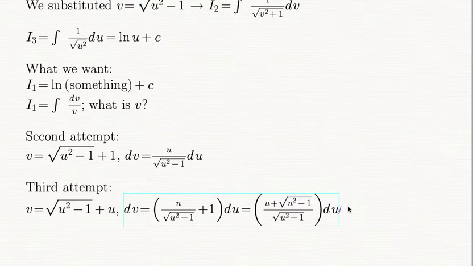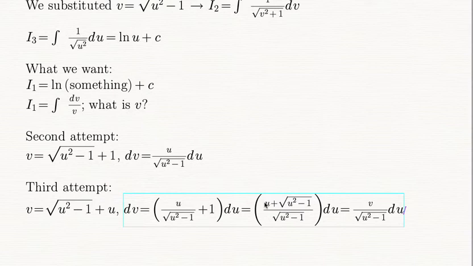Has that helped much? It has. If you notice, what has happened is v, which was equal to square root u squared minus 1 plus u, is now appearing in the numerator. So this I will write now as v by square root u squared minus 1 du.